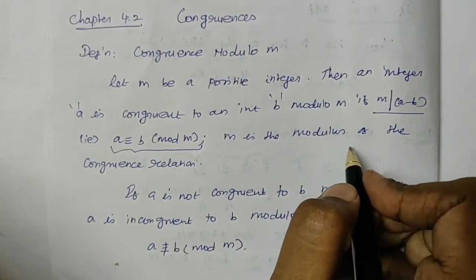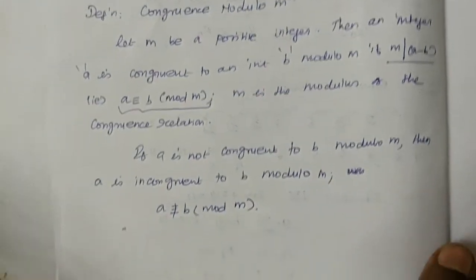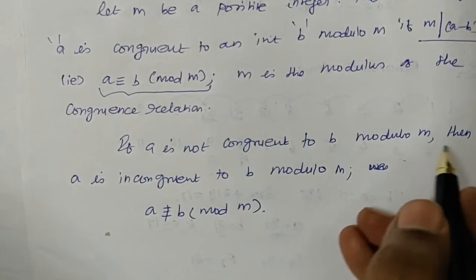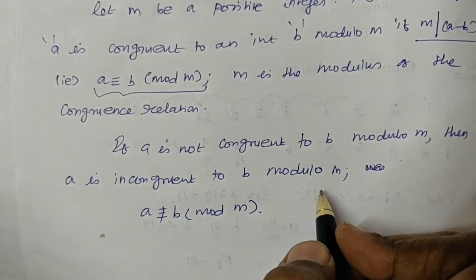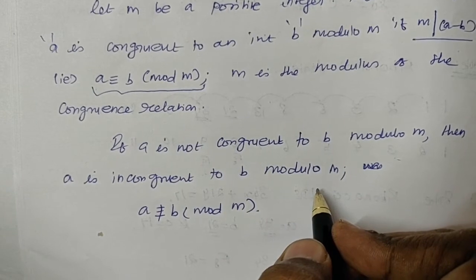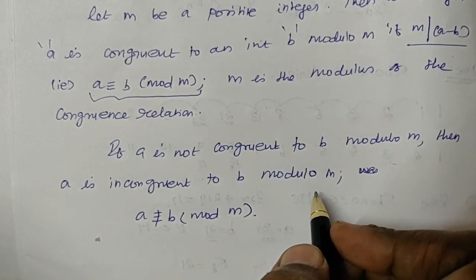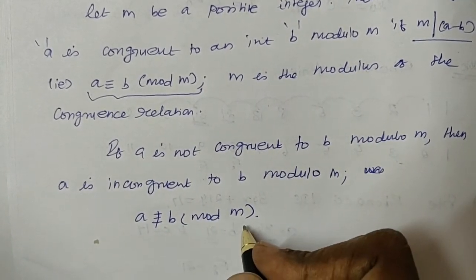Here m is the modulus of the congruence relation. In case a is not congruent to b modulo m, then a is incongruent to b modulo m. In notation, we can write this as a is not congruent to b mod m.